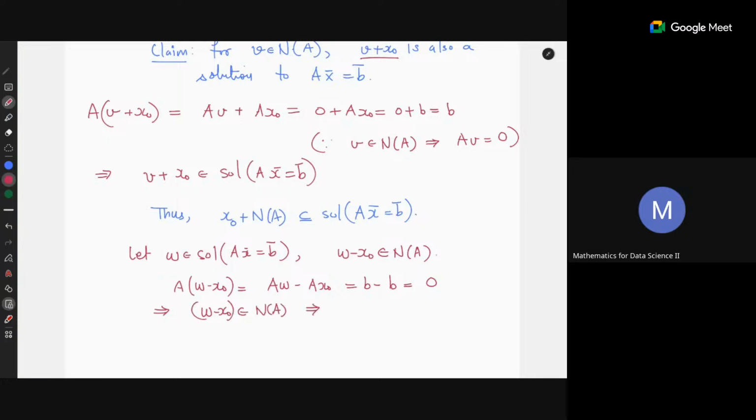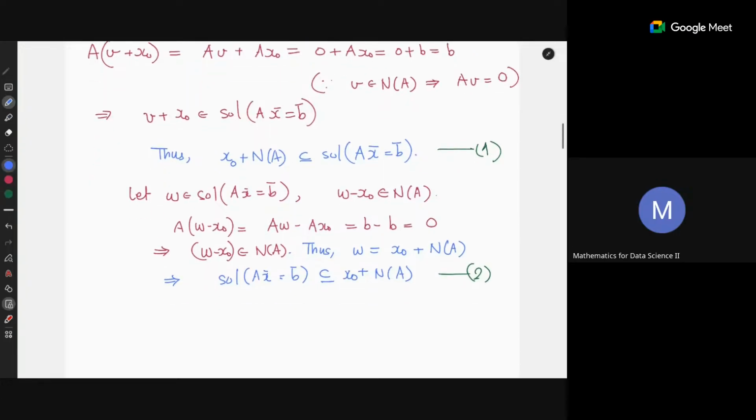Which further implies that w is also of the form x naught plus the null space of A. Which implies that the solution space of Ax equal to b is contained inside x naught plus the null space of A. Now, from equation 1 and equation 2, what you have proven is that both are equal.